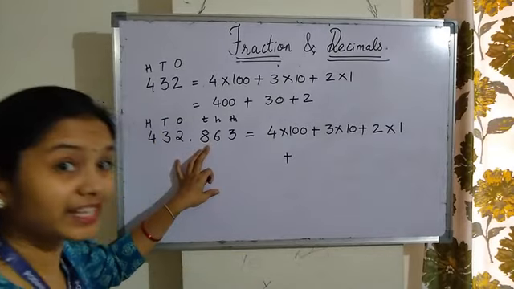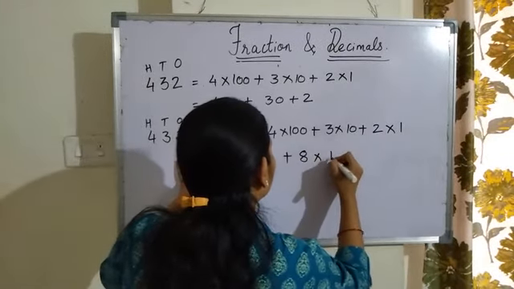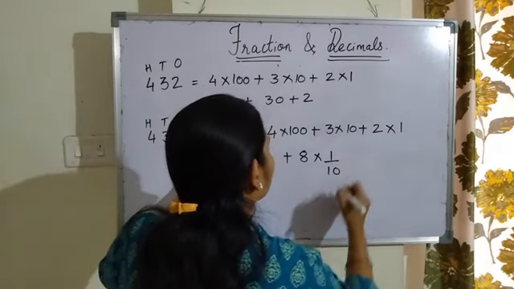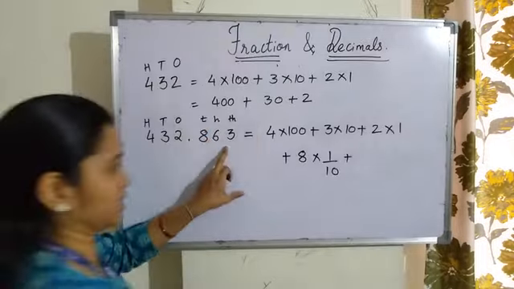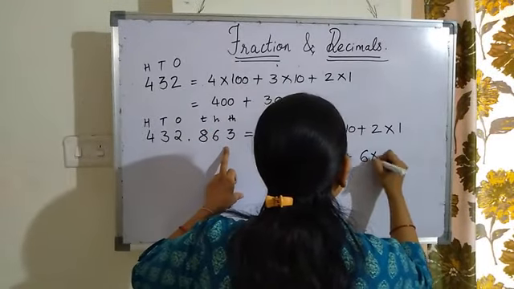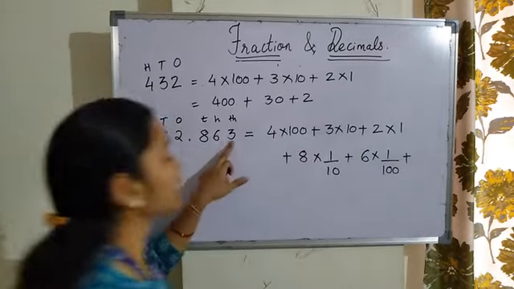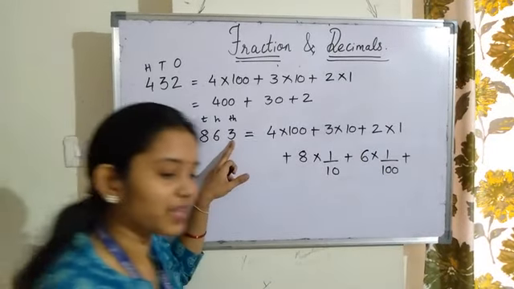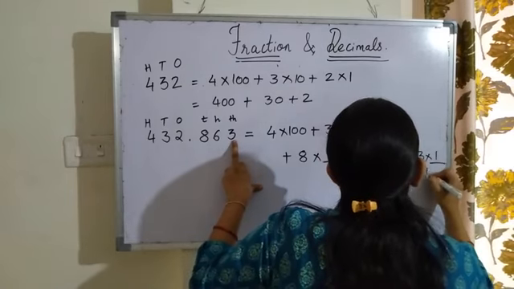plus 8 is in tenth place, so 8 into 1 by 10, plus 6 is in hundredth place, so 6 into 1 by 100, plus 3 is in thousandth place, so 3 into 1 by 1000.